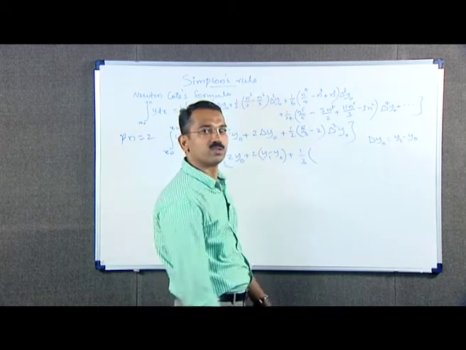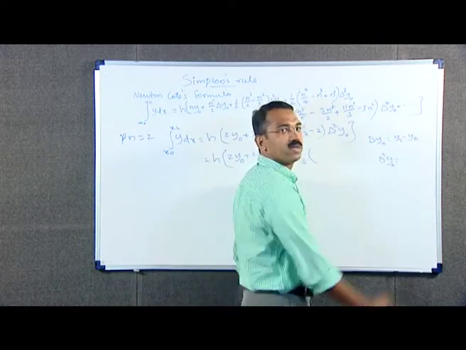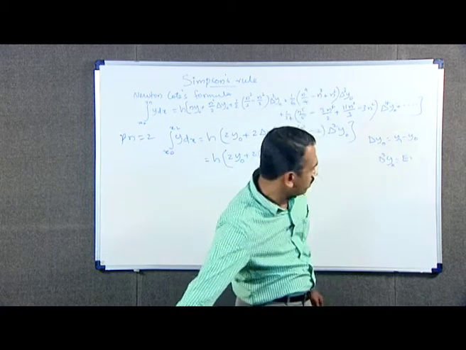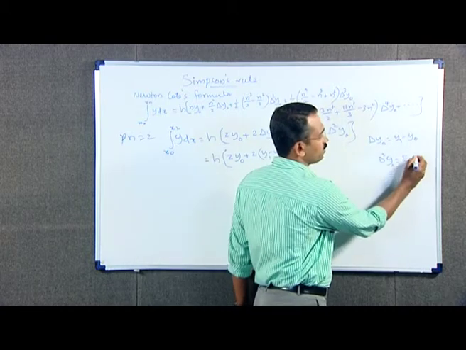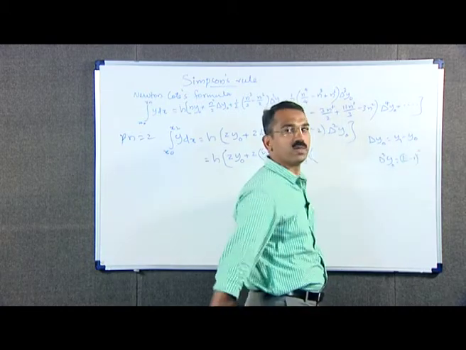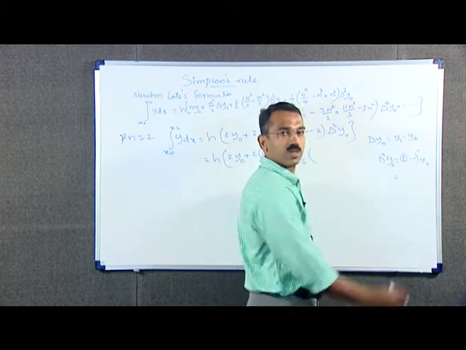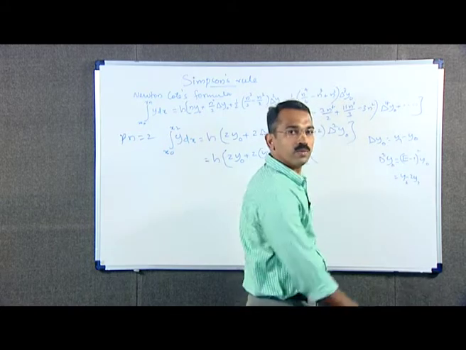delta squared y0. Delta squared y0 means delta is E minus 1, where E is the shift operator, (E minus 1) squared y0, that is equal to, on expansion, we get y2 minus 2 y1 plus y0.